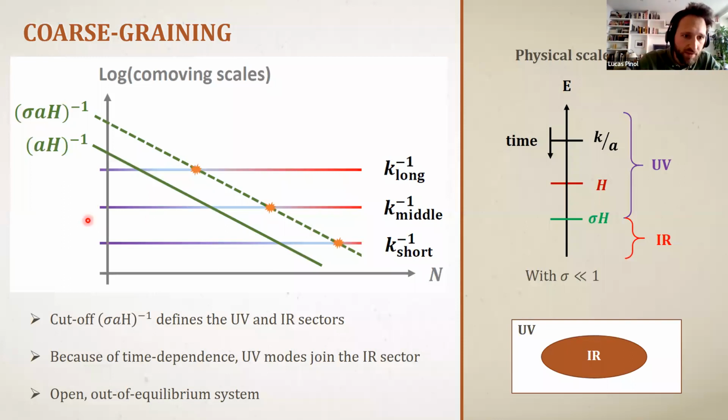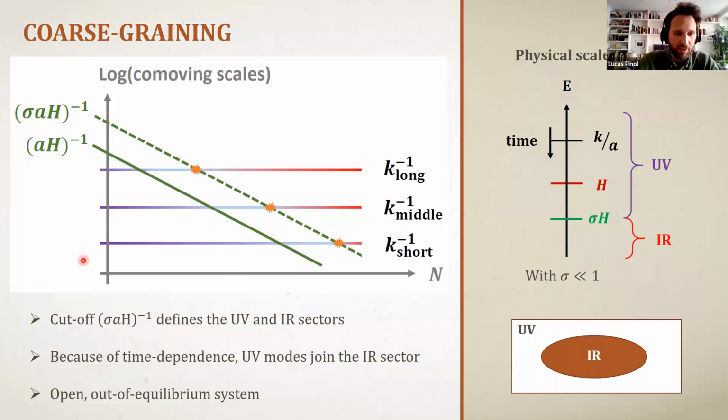And we know that deep inside the horizon, the right treatment of the fluctuations is actually a quantum treatment. So there must be, at some point around the horizon crossing, a process which is called classicalization, the process by which the perturbations go from quantum to classical, because we do observe classical fluctuations in the CMB and in the large scale structure. So to be safe, we'll take some scale which is larger than the horizon size, and how much larger is quantified by this parameter sigma, which is much smaller than 1.